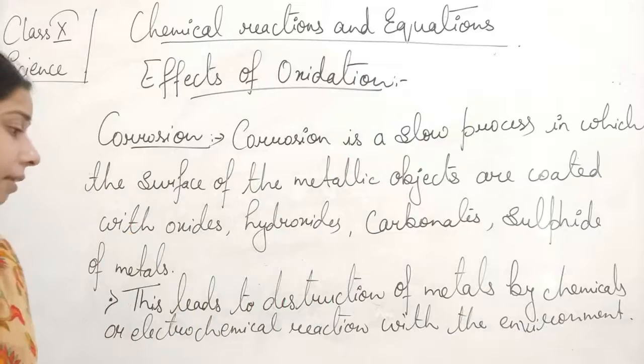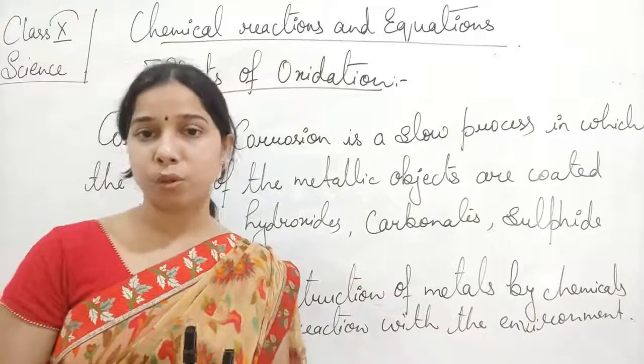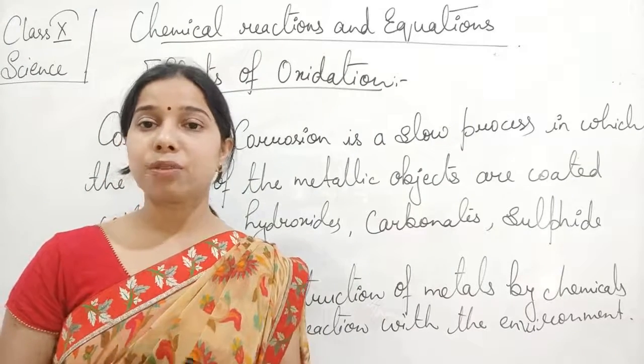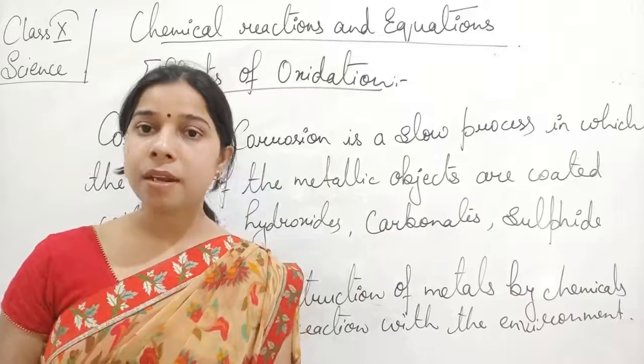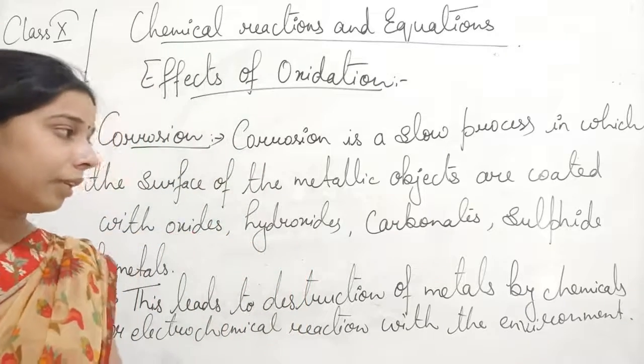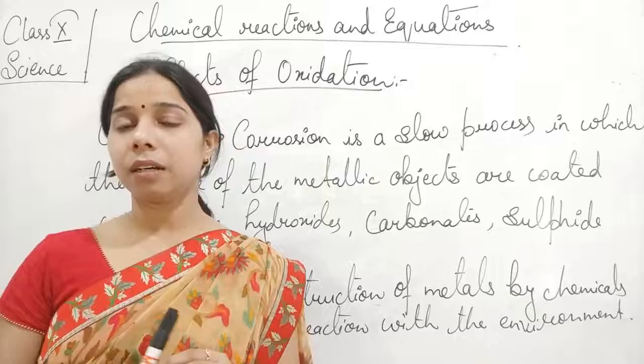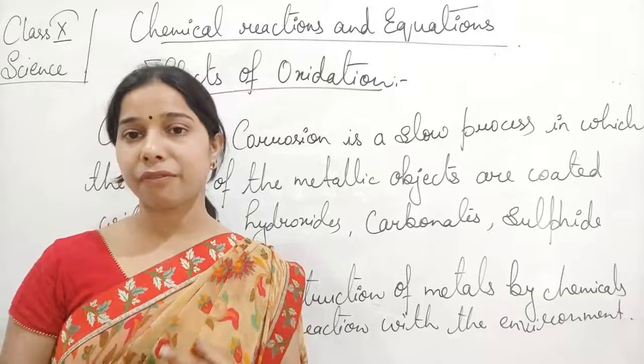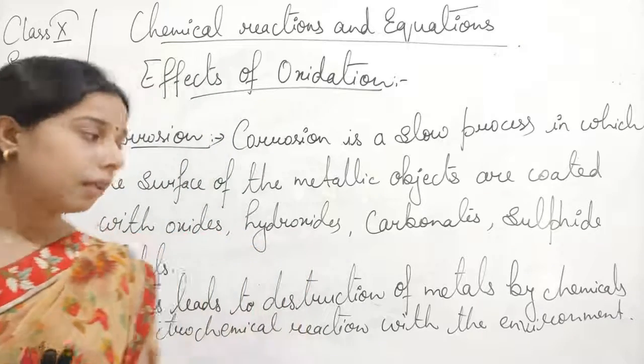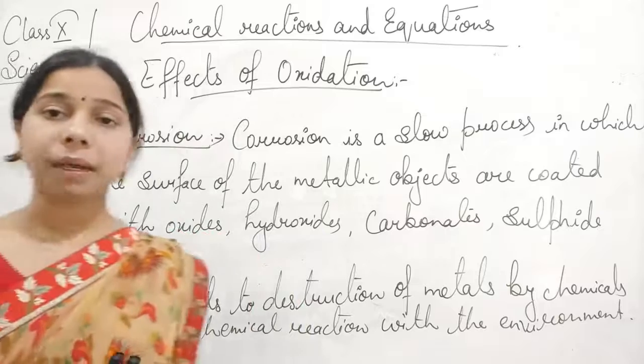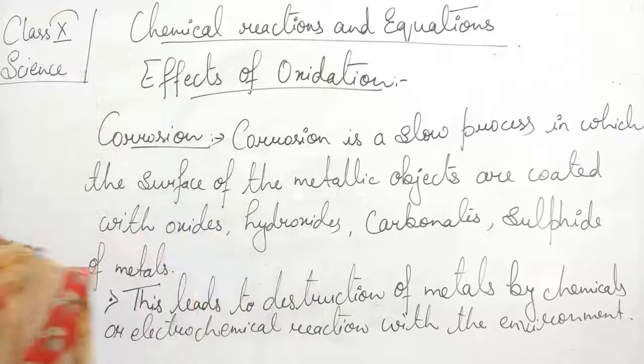Because of the corrosion process, destruction happens, and the formation of a sulfide or a carbonate will lead to the destruction of the metal surface.